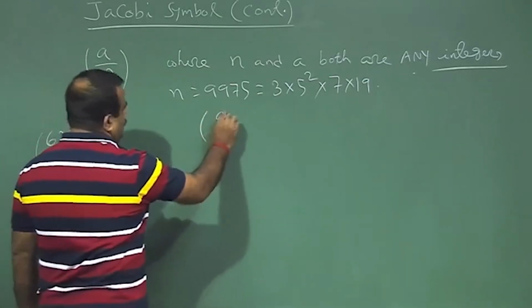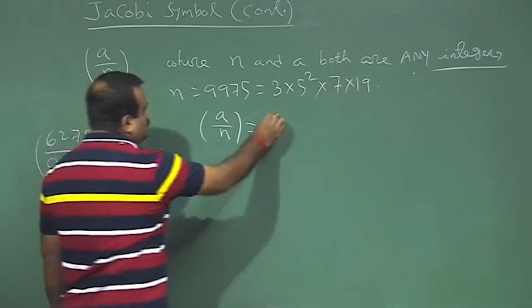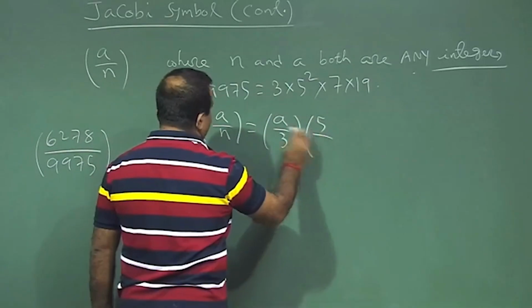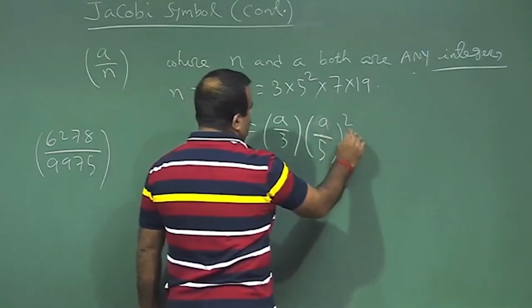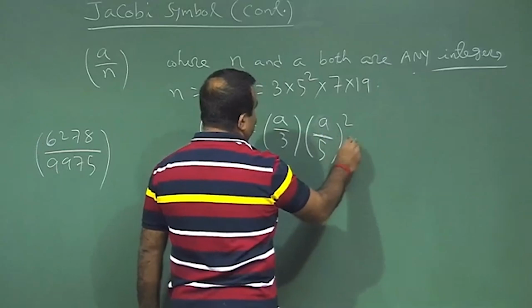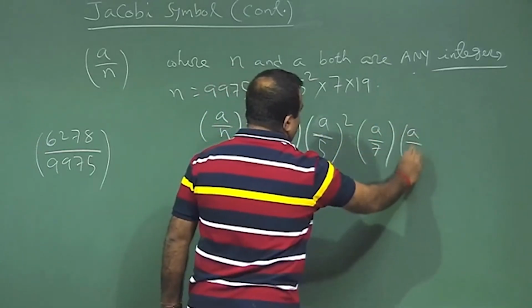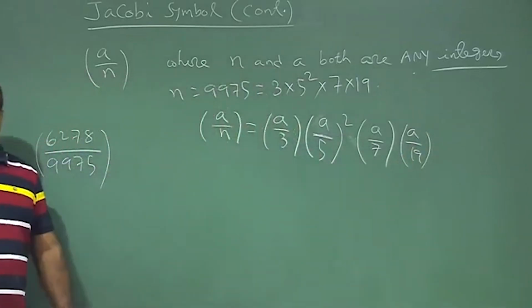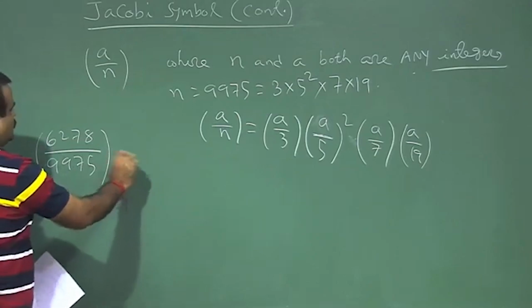Basically a by n is equal to a by 3, a by 5 square, a by 7, a by 19, all multiplied. So this is the definition of the Jacobi symbol, and we will use this definition to calculate this.